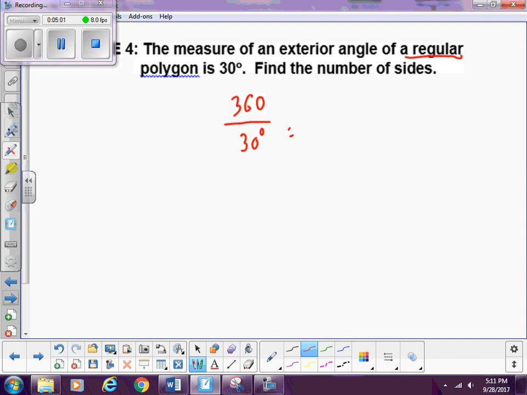So 360 divided by 30 gives you 12. So there are 12 sides. You take the total degree sum, 360, divided by one angle, which are all congruent, and you get 12 angles in that polygon, which means it also has 12 sides.